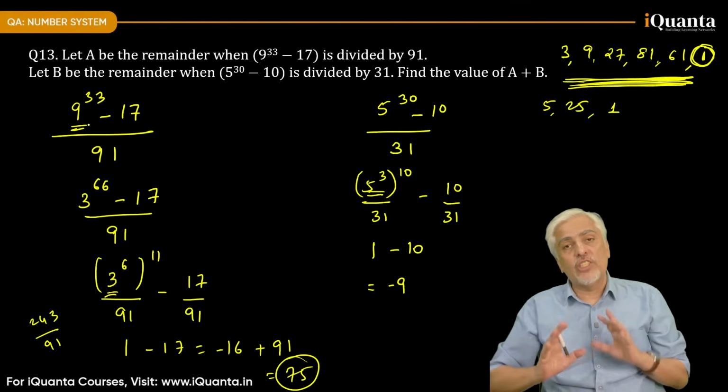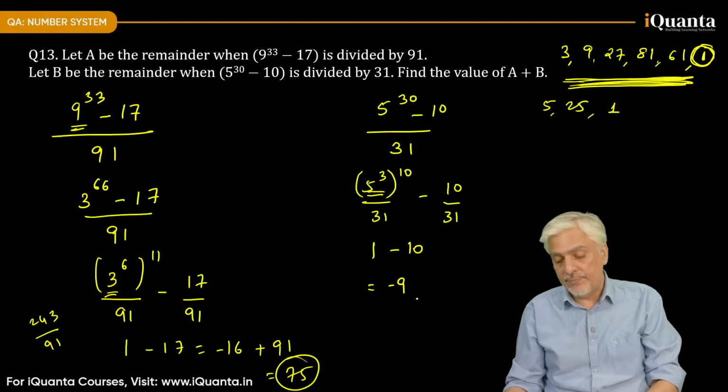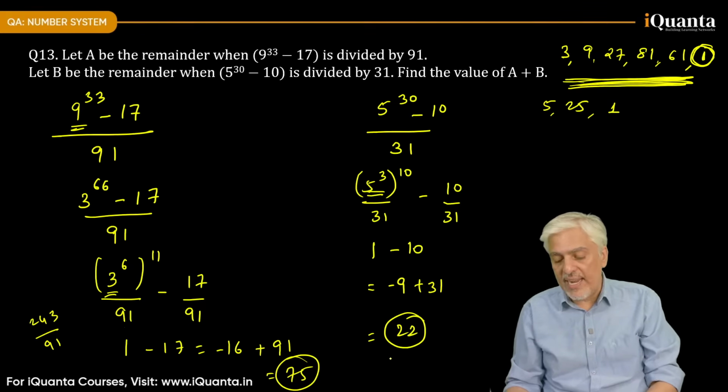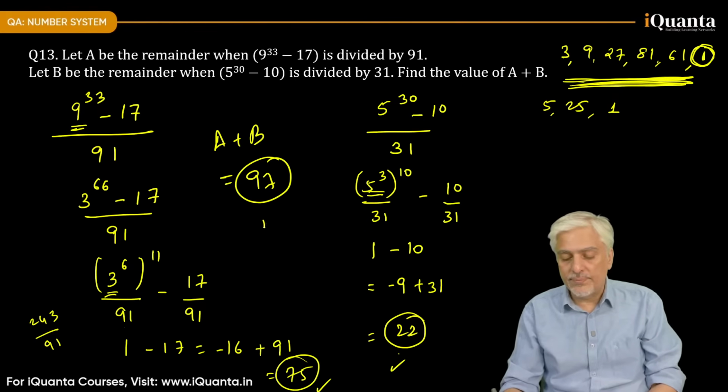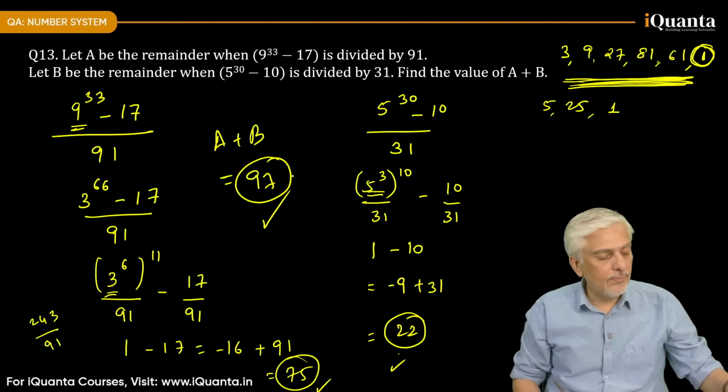It's easy. My logic is that it will be surely right. -9 plus 31, 22 is the remainder. So this is A, this is B. A plus B is 75 plus 22, 97. Everybody got that?